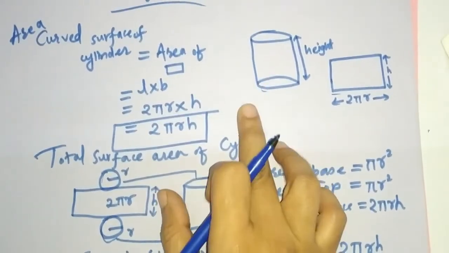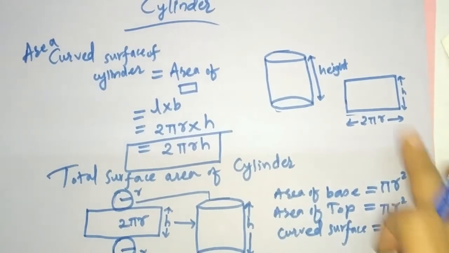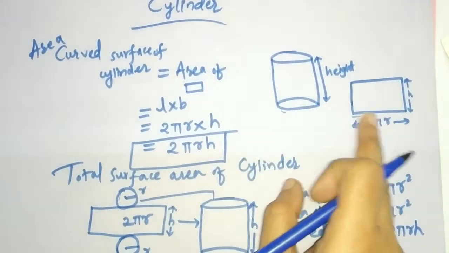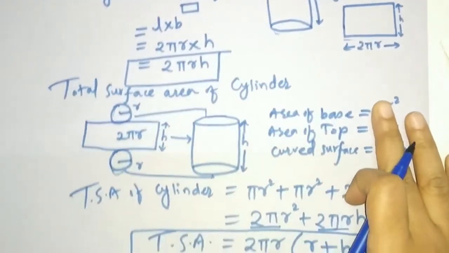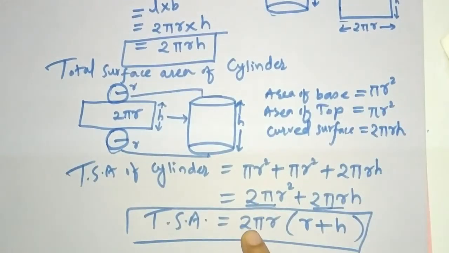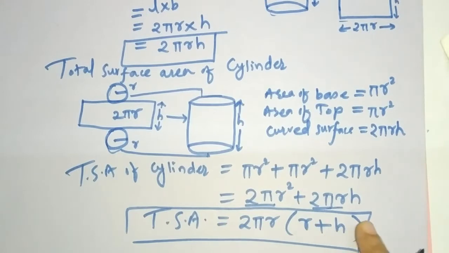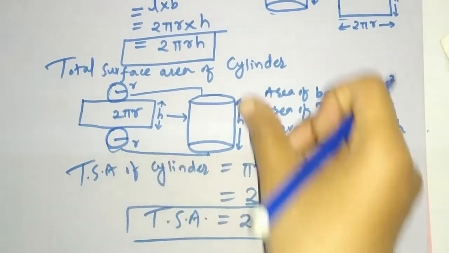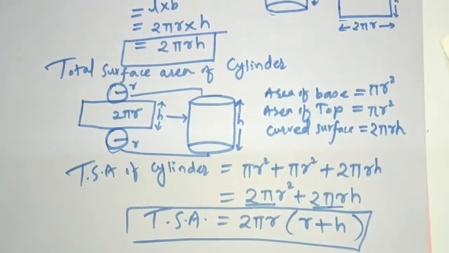So if you are asked for the curved surface area, just take 2 pi r h. If asked for the total surface area, then you have the simplified formula 2 pi r in brackets r plus h. R is the radius of this circle and h is the height of the cylinder.